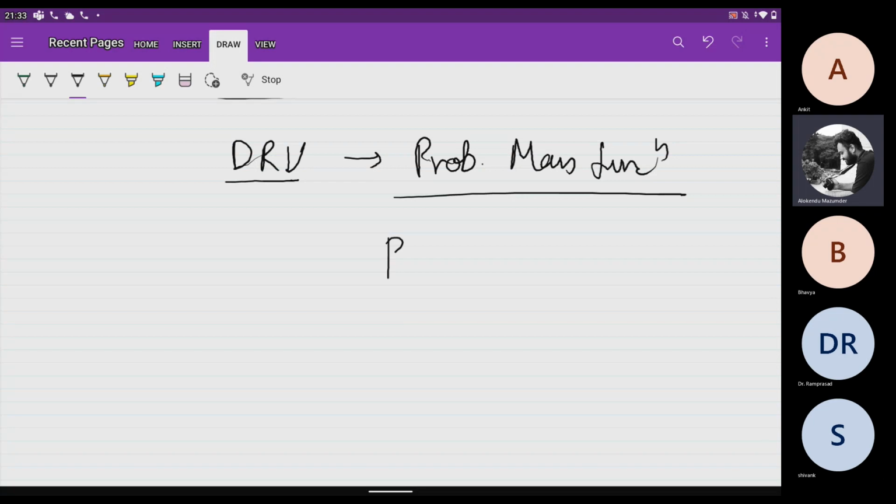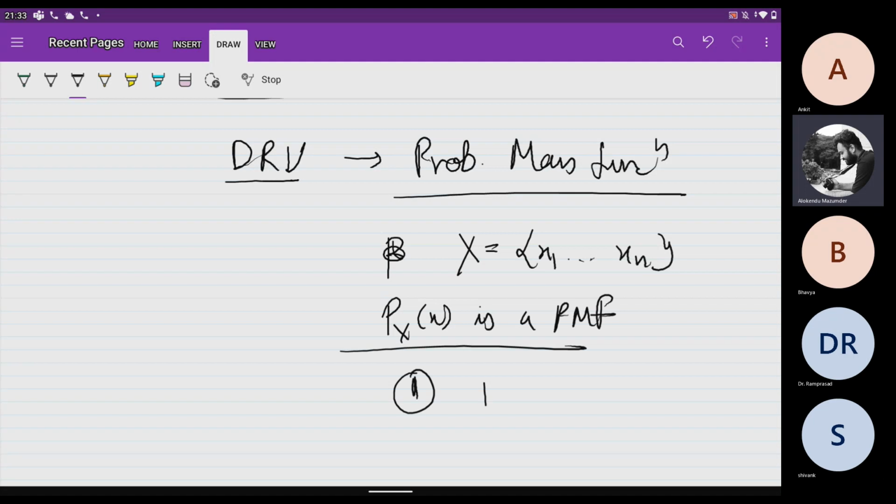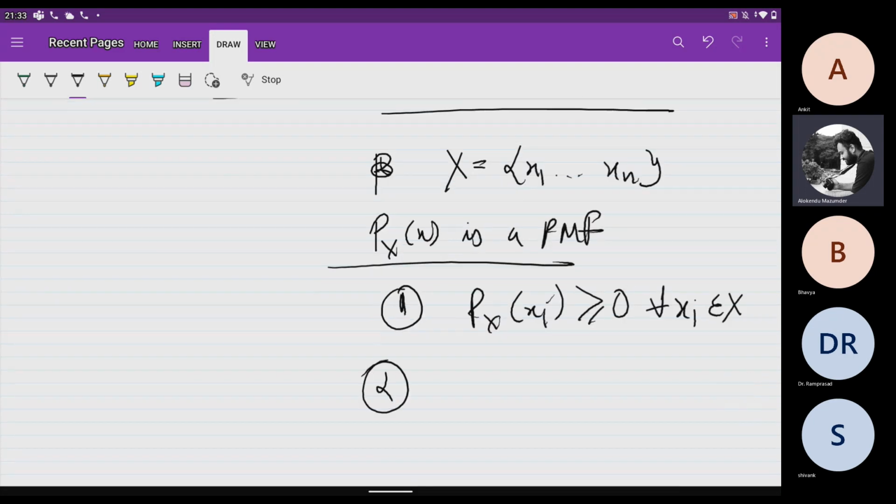You have a random variable X which takes values x1 to xn, and p of x is a probability mass function if p of xi is greater than or equal to 0 for all xi in X, and second, the integration becomes a summation, equal to 1. So for a discrete random variable we have PMF, and for a continuous random variable we have PDF.